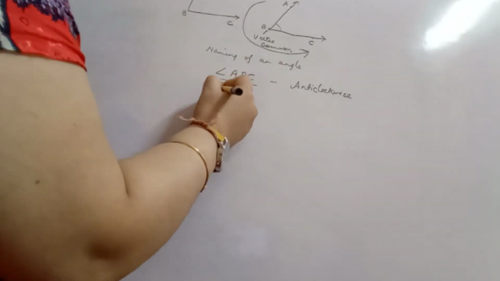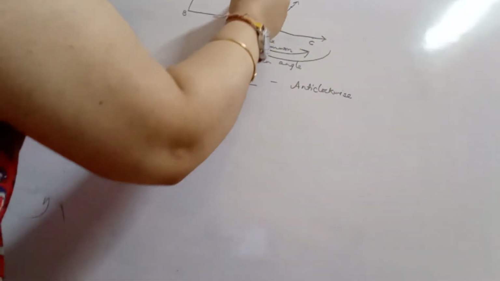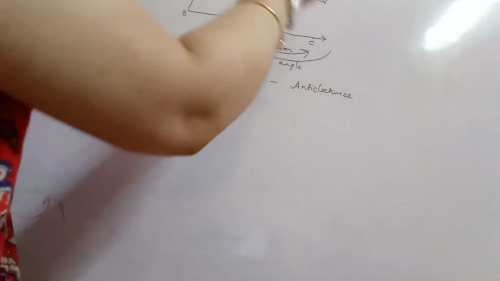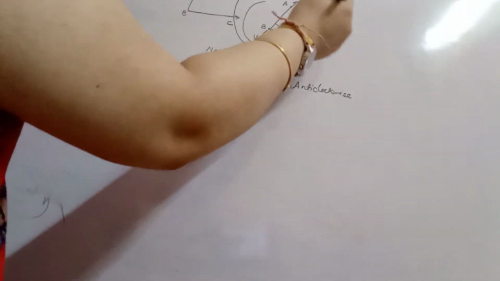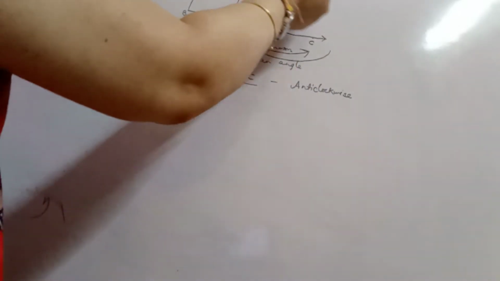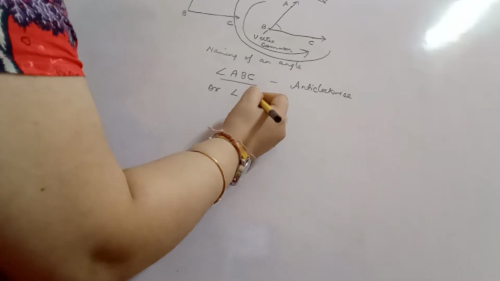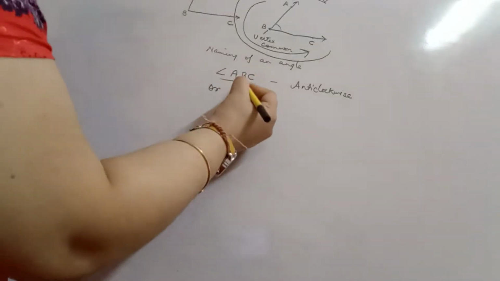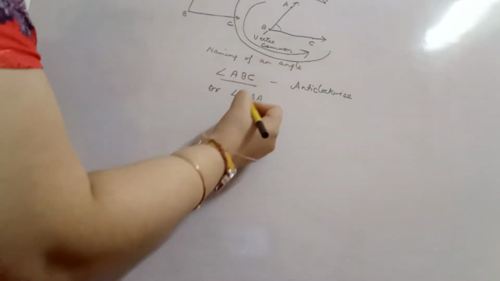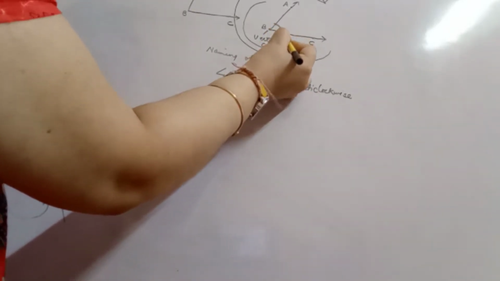It can also be written otherwise. If I move in the clockwise direction, the way a clock moves, then its name will be CBA. So both are the same angle, ABC or CBA, it is the same thing.